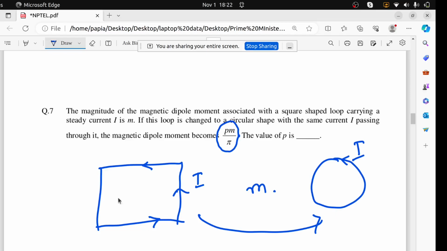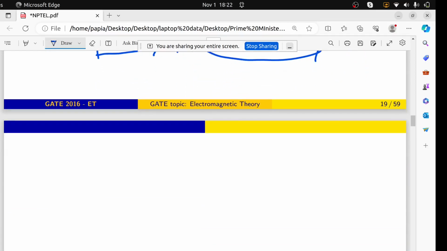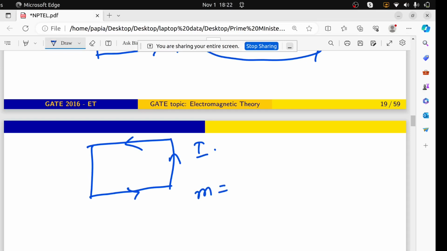Now coming to the answer. First of all, if there is one square shape loop and I is passing through it, then what is the value of M, the magnetic dipole moment?